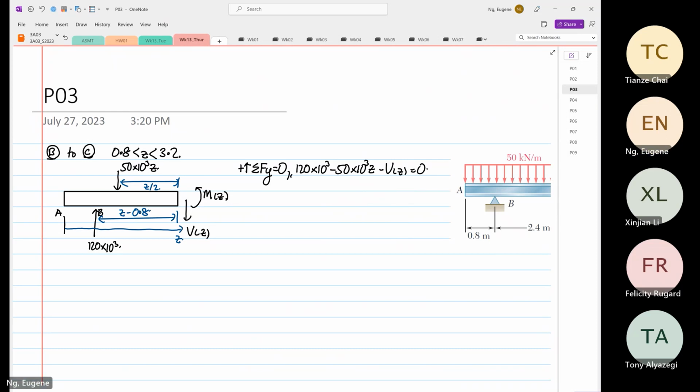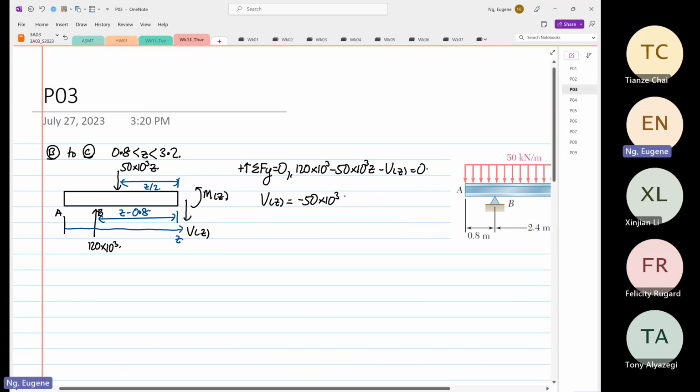right? So we know that V as a function of Z is equal to minus 50 times 10 to the power 3 Z plus 120 times 10 to the power 3.